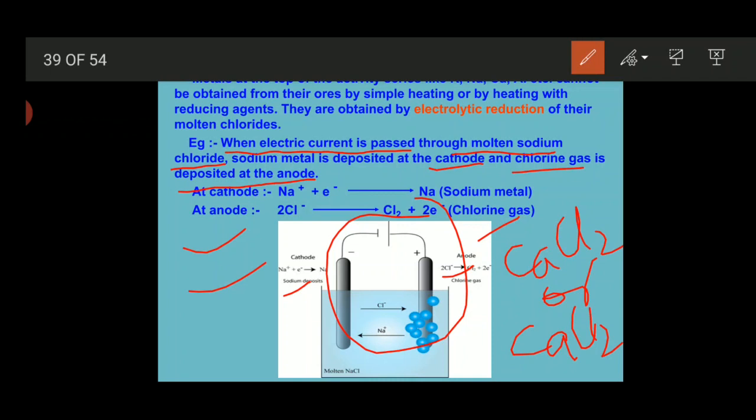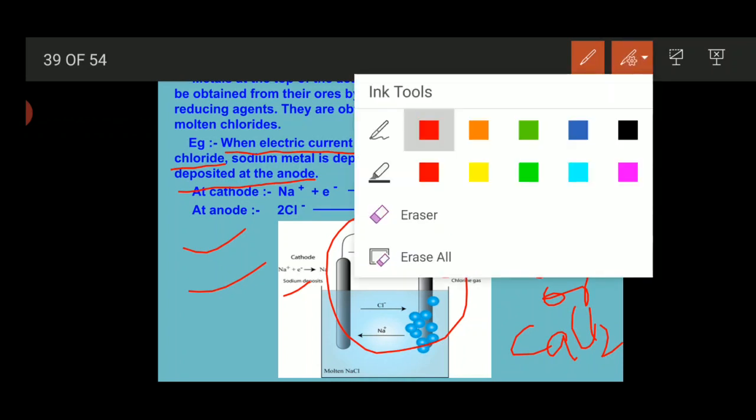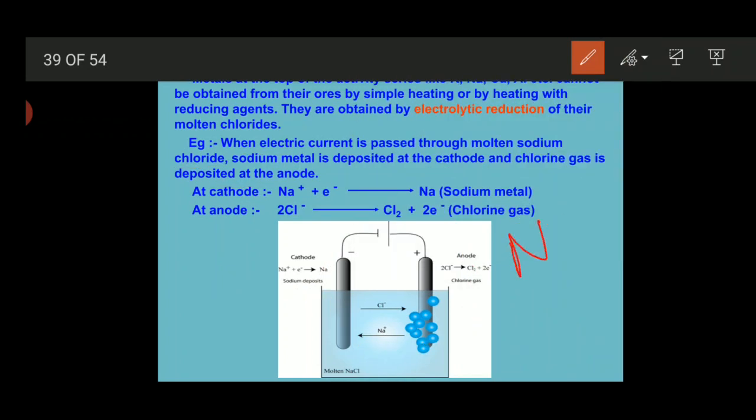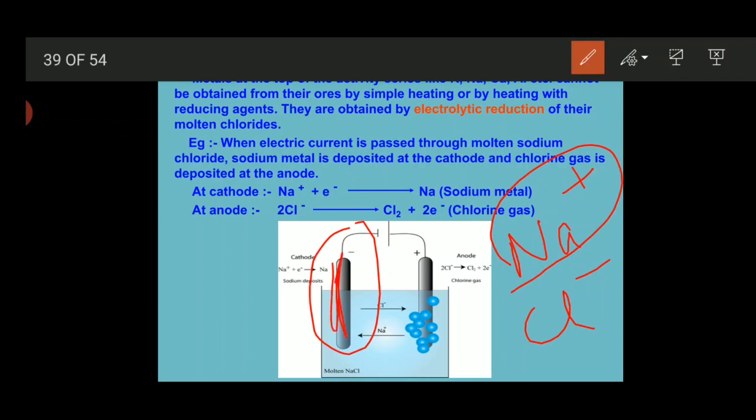After that, when we pass the electricity, what happens? The sodium chloride dissociates into sodium ion and chloride ion. The cathode is attached to the negative terminal, so the positive sodium ion starts moving towards the cathode and gets deposited on the cathode as sodium metal.